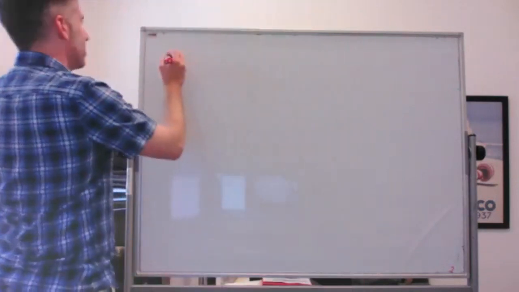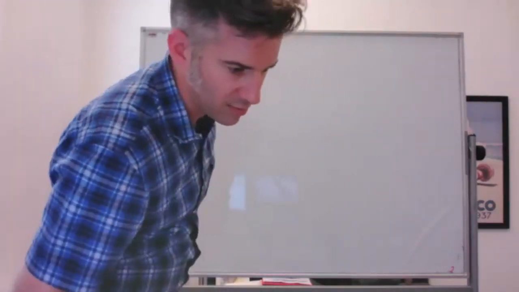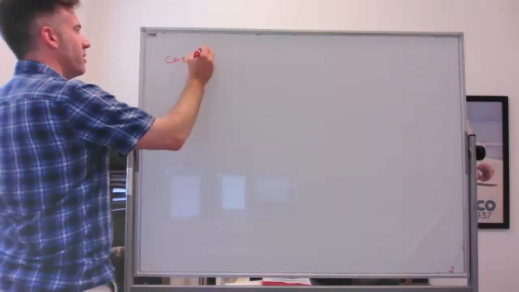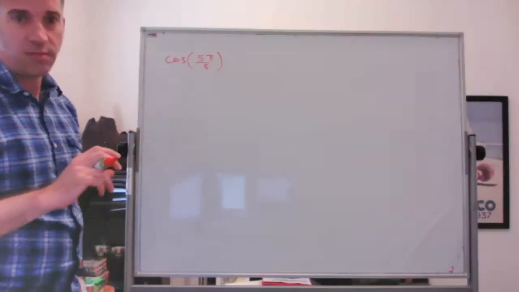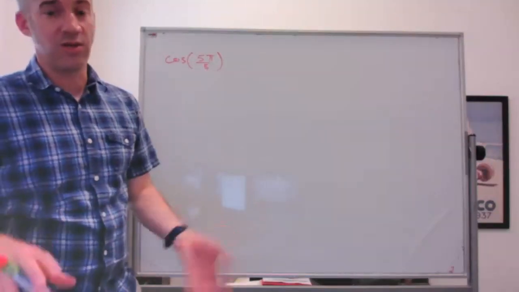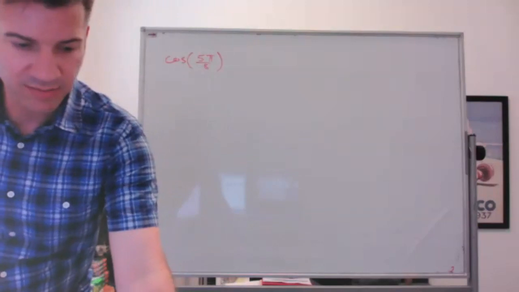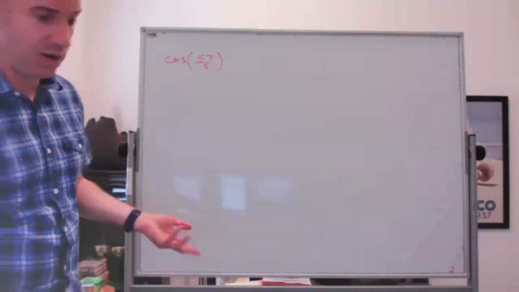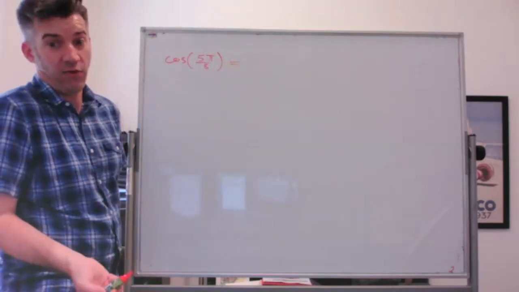But let's look at something like cosine of, let's do cosine of 5 pi over 8. And really all we're doing here is just throwing the formula at it. There's not much thinking going on here. So I know that for cosine of 5 pi over 8, I'm going to use the half angle formula.